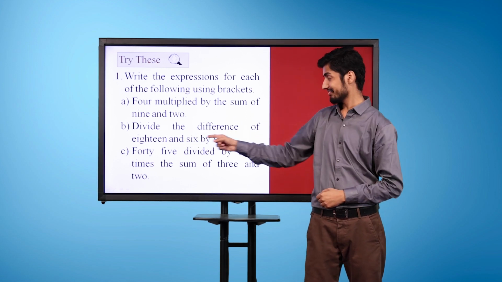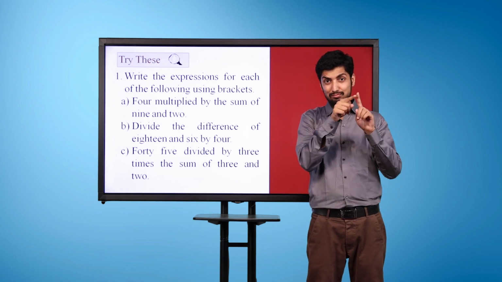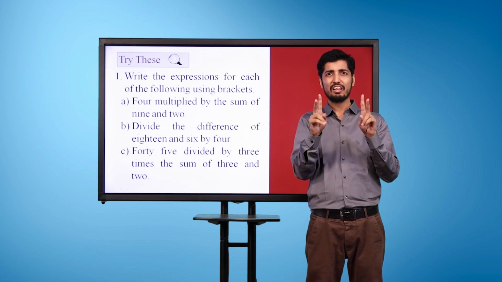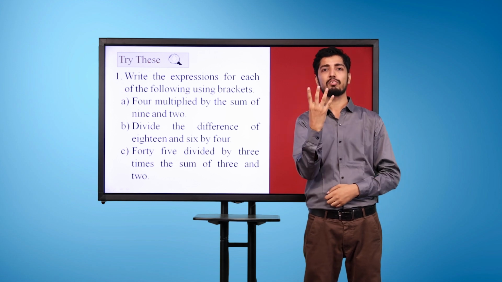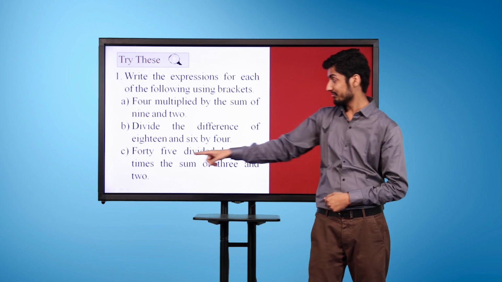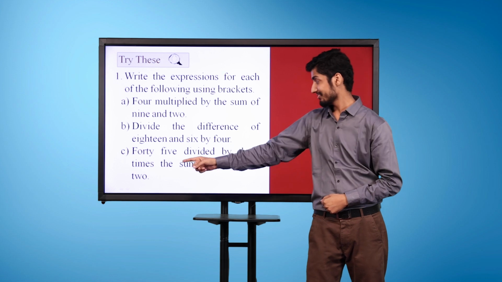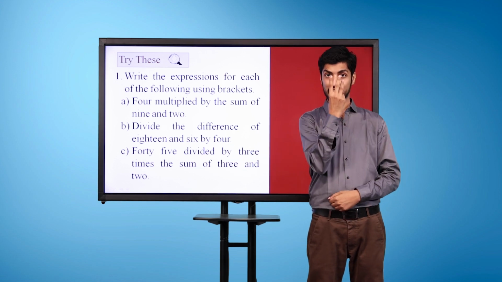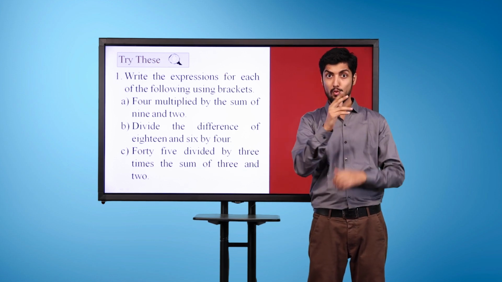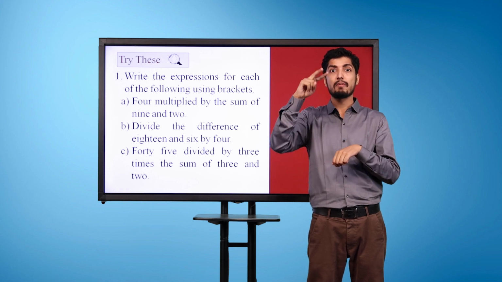B. Divide the difference of 18 and 6 by 4. C. 45 divided by 3 times the sum of 3 and 2.